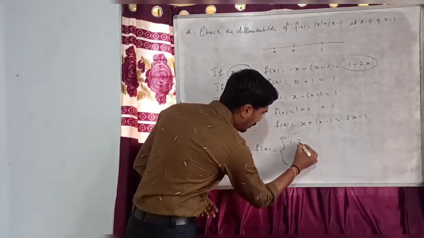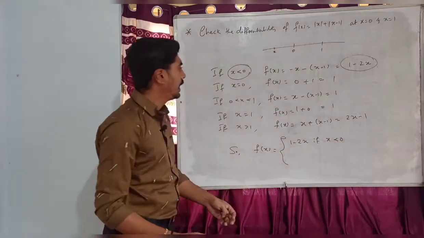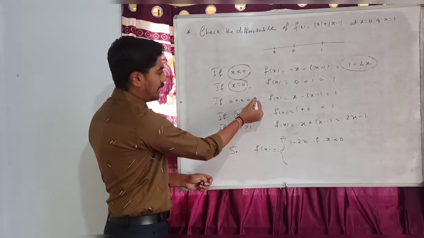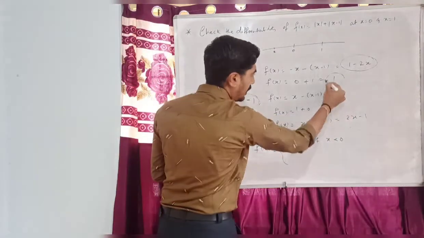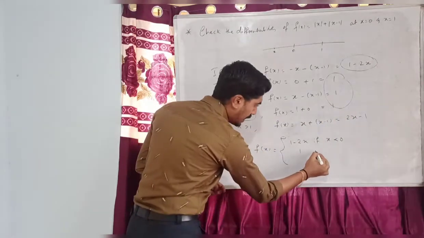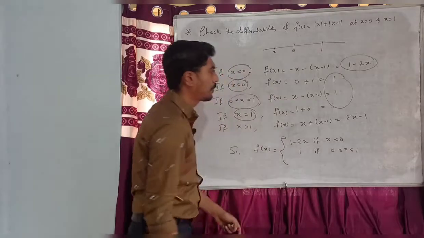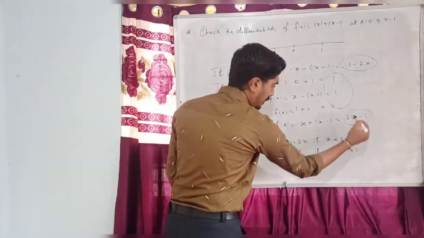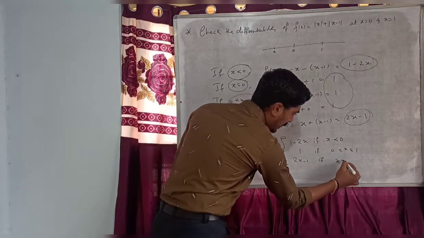If x equal to 0, x equal to 1 and x between 0 and 1, f of x is defined as 1. So this is equal to 1 if 0 less than or equal to x less than or equal to 1. And finally, for x greater than 1, it is defined as 2x minus 1.